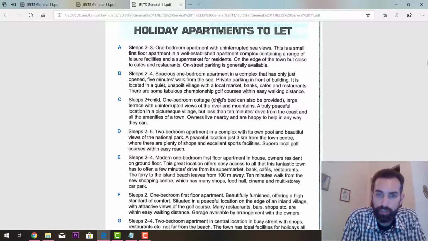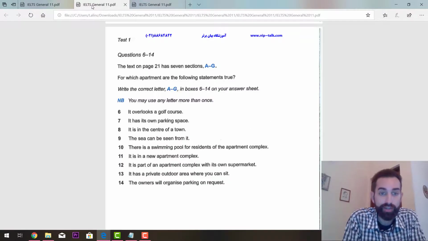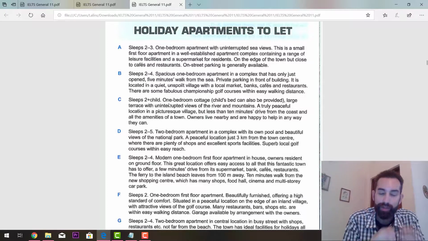1-bedroom cottage. Child's bed can also be provided. Large terrace with uninterrupted views. Large terrace, private outdoor area. There you go. Obviously that's terrace and outdoor area, synonyms. That means they mean the same thing, just different words. So that's when having an expanded vocabulary, you can mix and match.